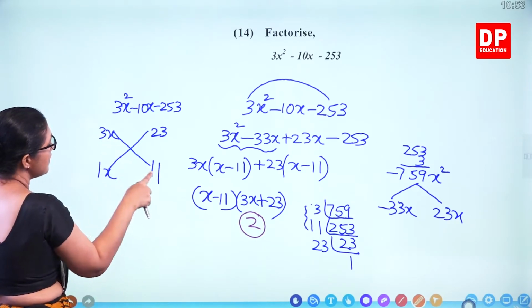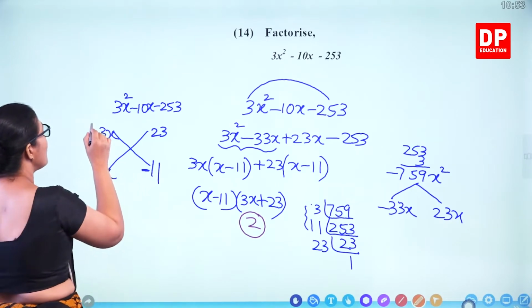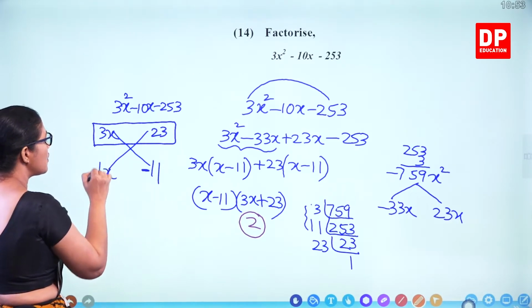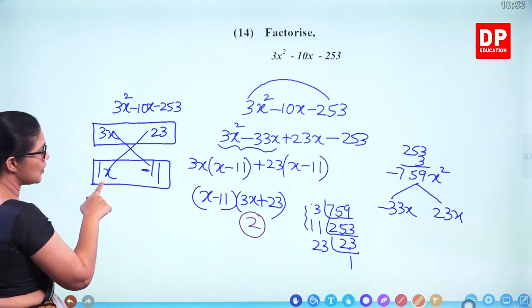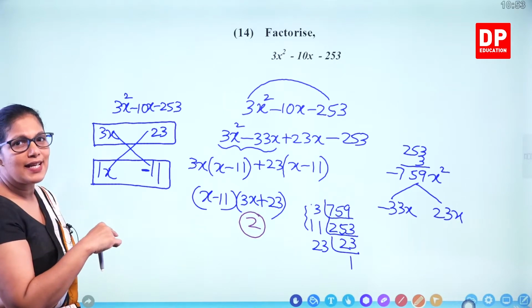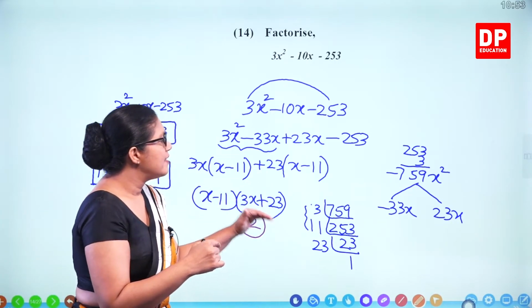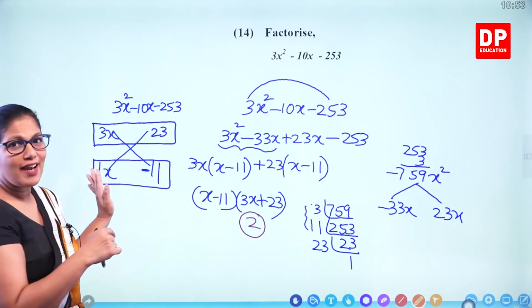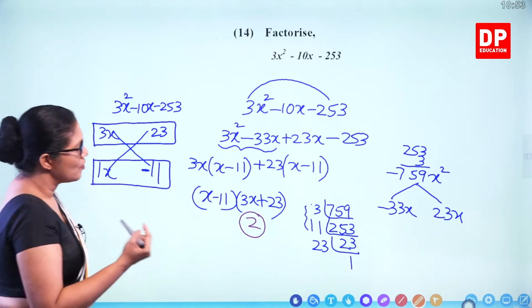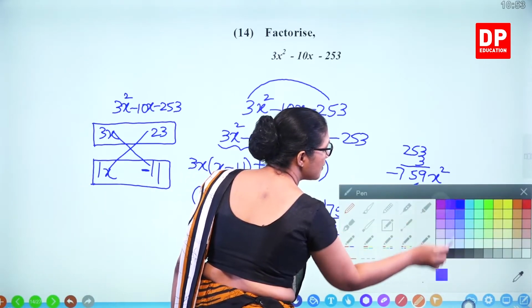That means 33 is negative, so you put a negative sign here. Factors are written horizontally: 3x plus 23 and x minus 11. So if you don't want to split the middle term into two numbers, you can try the cross method. You get 2 marks for any correct answer.